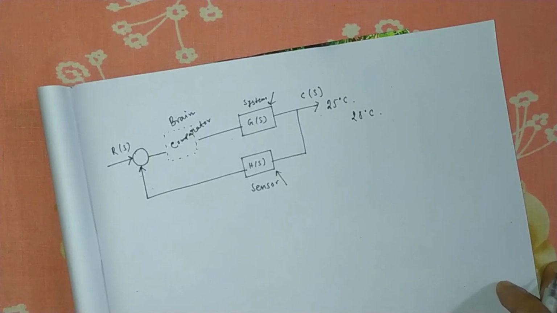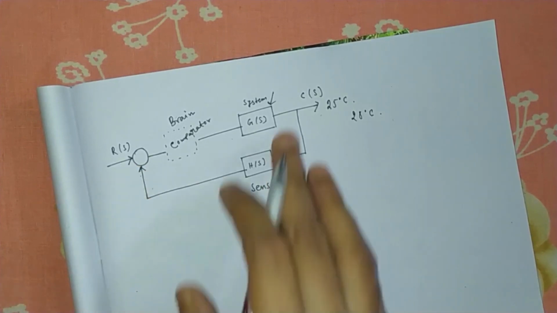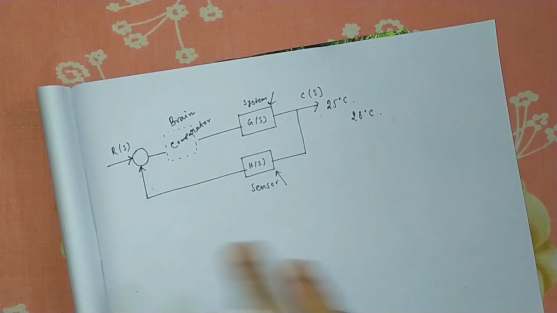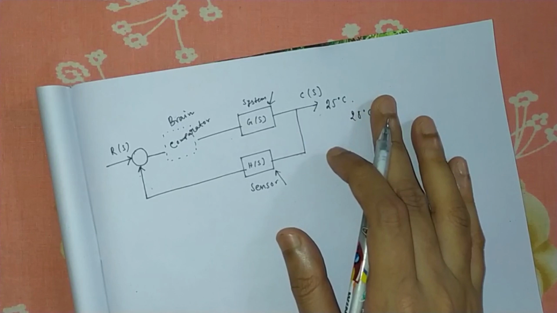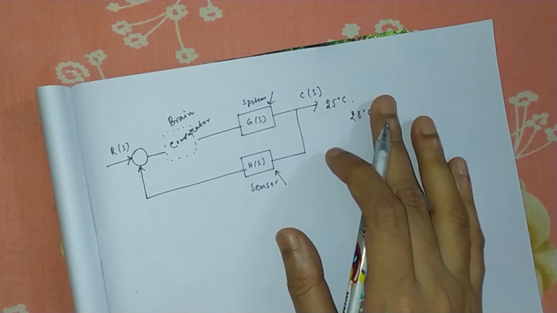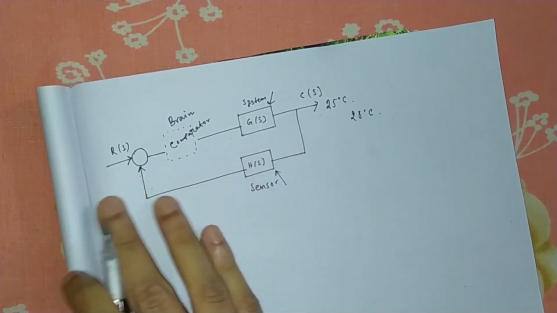As this is an automatic control system, because there is a closed loop, I have discussed everything in the previous lecture. So there will be no need of manual changing of the input.